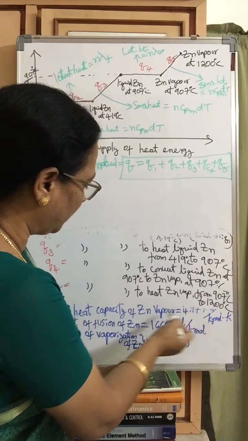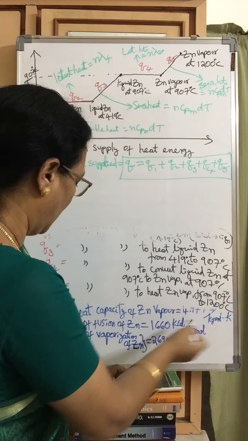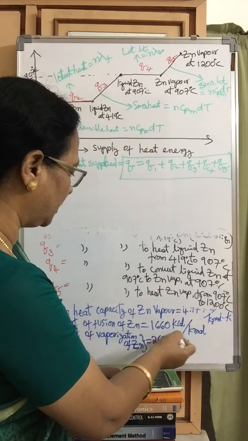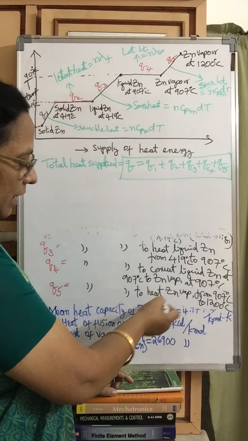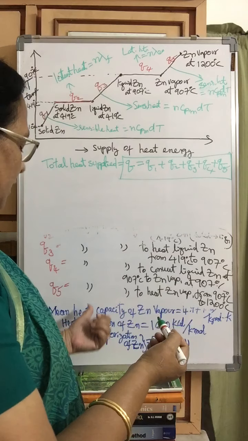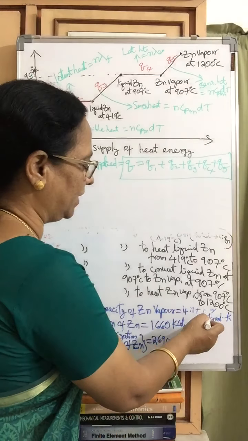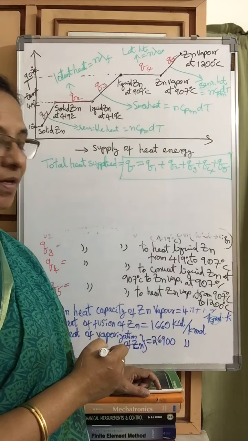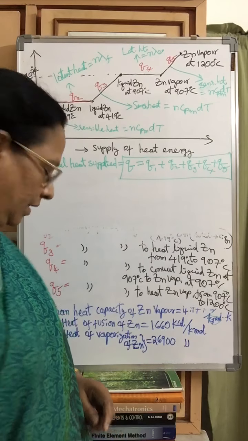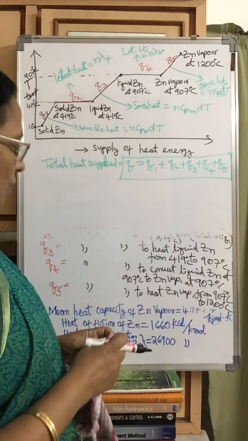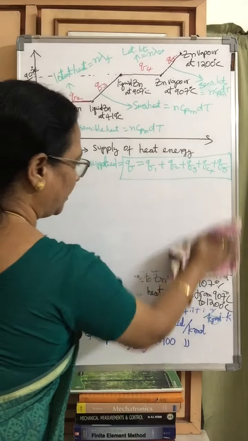The mean heat capacity of zinc vapor is per kilomole, the heat of fusion is per kilomole, and the heat of vaporization is per kilomole, but the specific heats of liquid zinc and solid zinc are given per kg. So some data points are per kilomole and some are per kg. I will tell you the easy way to start the problem.